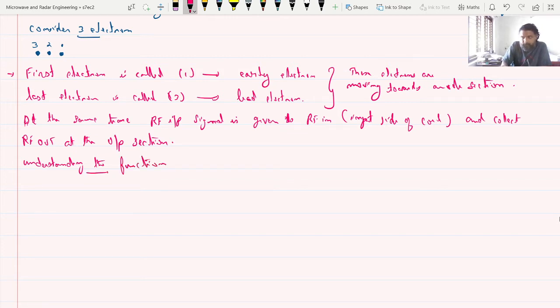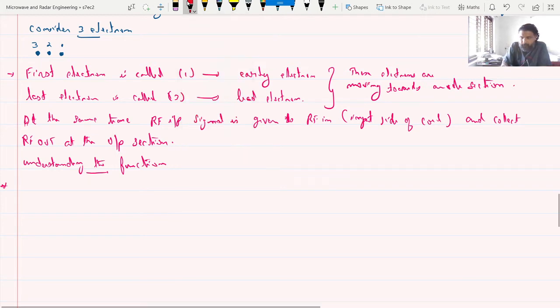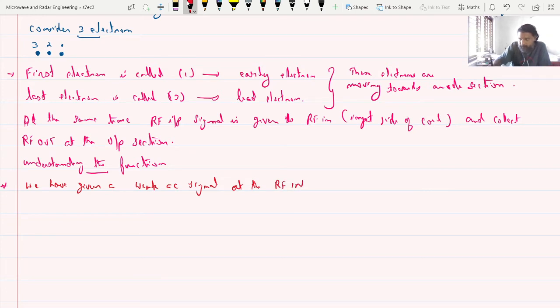First, what we are given: a weak AC signal at the RF in.